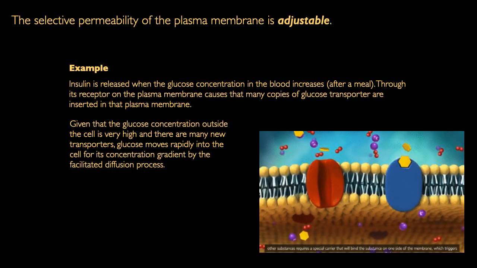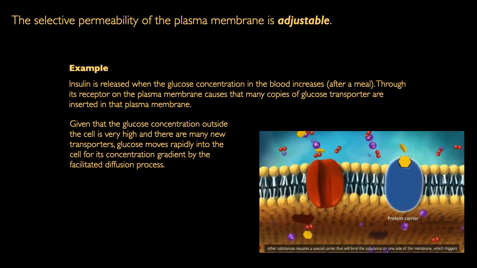For certain molecules, the permeability of the membrane can be adjusted when needed. Transport of high concentrations of glucose after a meal from the blood into the cell is a good example of adjustable facilitated diffusion. When blood glucose is high, insulin is released from the pancreas and it attaches to insulin receptors in the plasma membrane of cells.